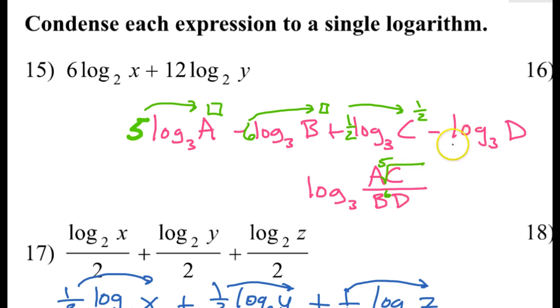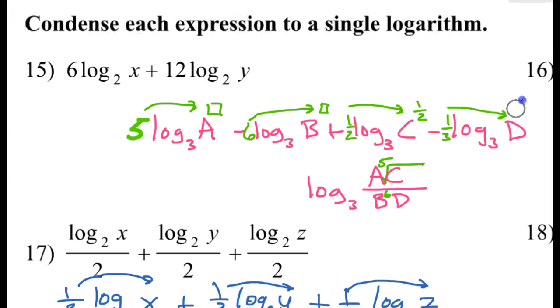It would be the same thing if I were to have this whole thing divided by 3. If you ever see that, like look at problem number 17, just glance at the bottom of your screen. Just understand that that's the same thing as having a fraction in the front. So dividing by 3 is like having a 1/3.